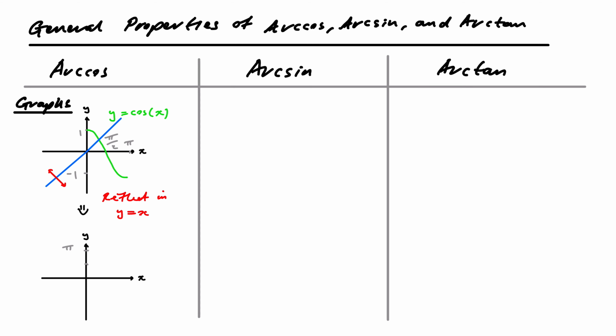And let's have pi over 2 here. What's it going to do to the 1 and the minus 1? Well, that's going to move them to the x-axis. So I'll have a 1 here and a minus 1 here. Okay, so let's take a few points just to get our bearings. This position here, that position there, is going to map down to this position here.